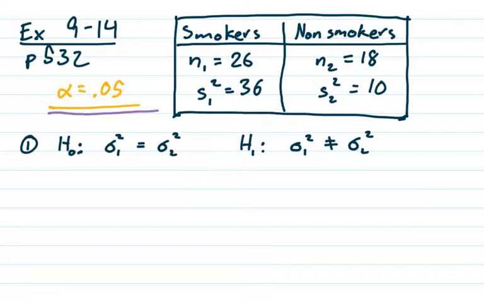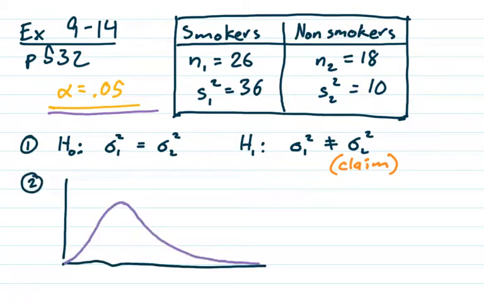So there is step one. The null hypothesis states that the two variances are equal, and the alternative hypothesis, which is the claim, by the way, says they are not equal. There's a difference between the variances of heart rates of smokers versus non-smokers.